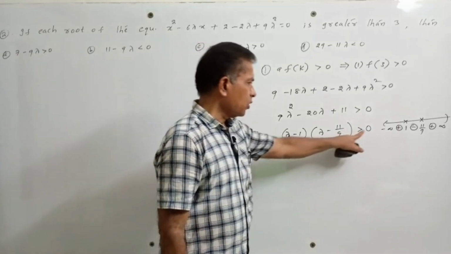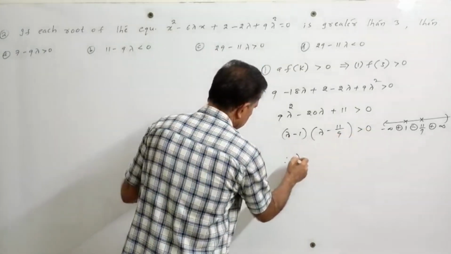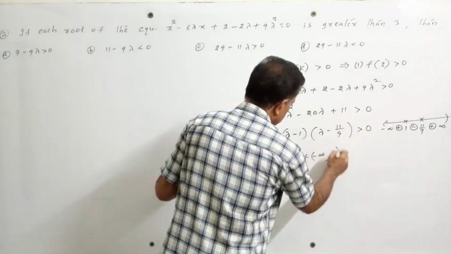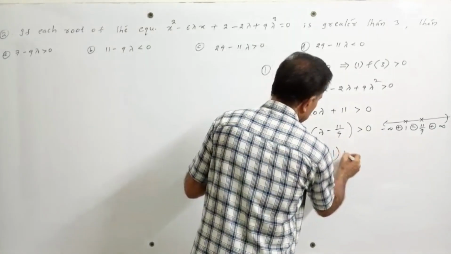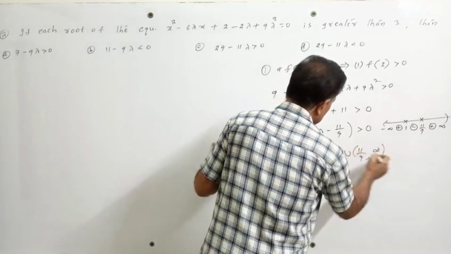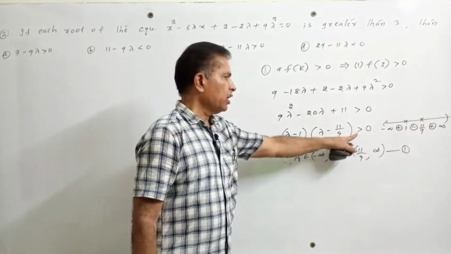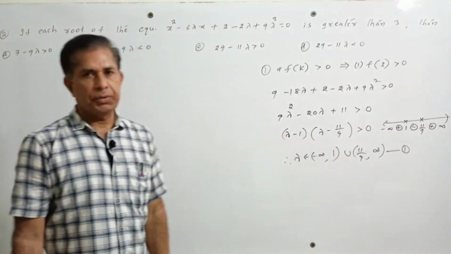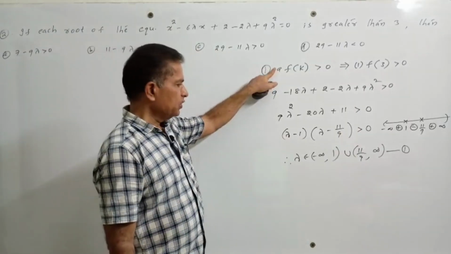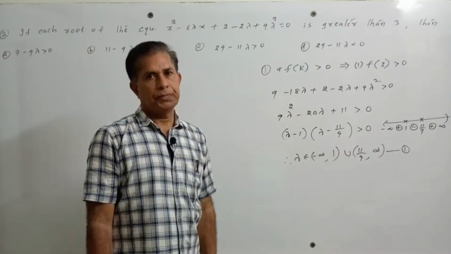Because I want this product to be greater than 0, lambda lies in the interval minus infinity to 1 open, union 11 by 9 to plus infinity, 11 by 9 also open, because here we have strictly greater than 0. So first condition is satisfied if lambda lies in this interval.